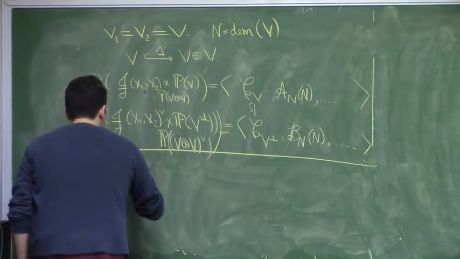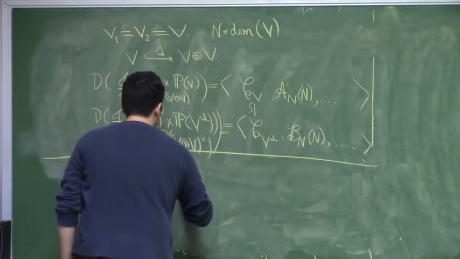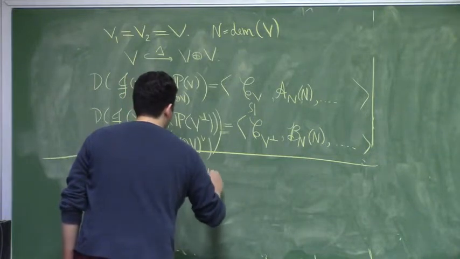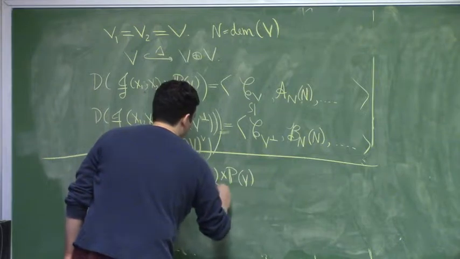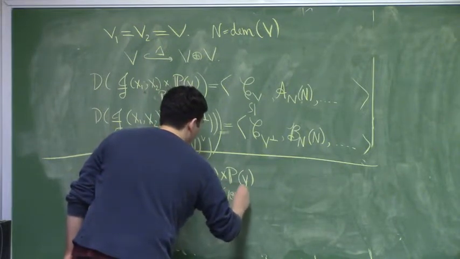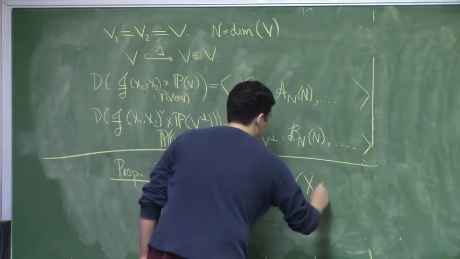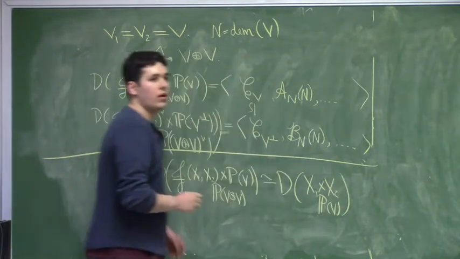I'll call it a proposition. We can look at the derived category of the join of X1, X2 intersected with the diagonal. The statement is that this is equivalent to the derived category of the fiber product of X1 and X2 over P(V).